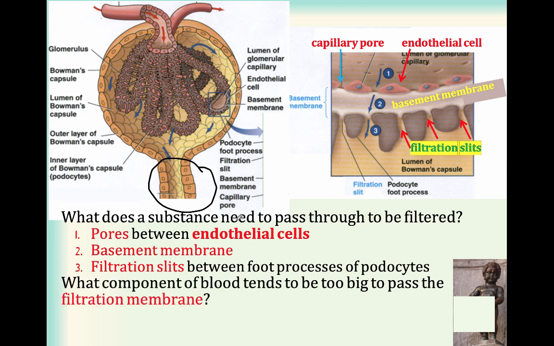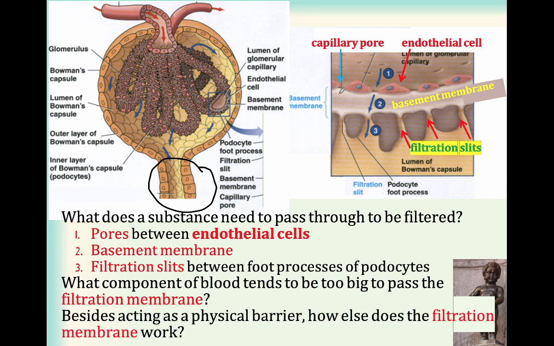And then what component of blood tends to be too big to get into the filtrate? Same thing for interstitial fluid, same thing for lymph, and so you should say, okay, the proteins tend to be too big to get across, and so they generally aren't part of the filtrate. But again, these capillaries are leakier than normal, and some protein can escape through, but we're going to try and prevent that as much as possible.